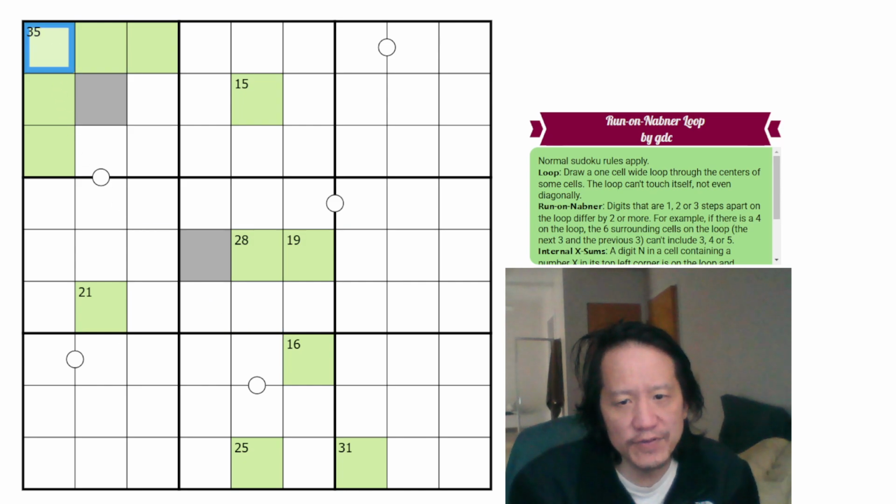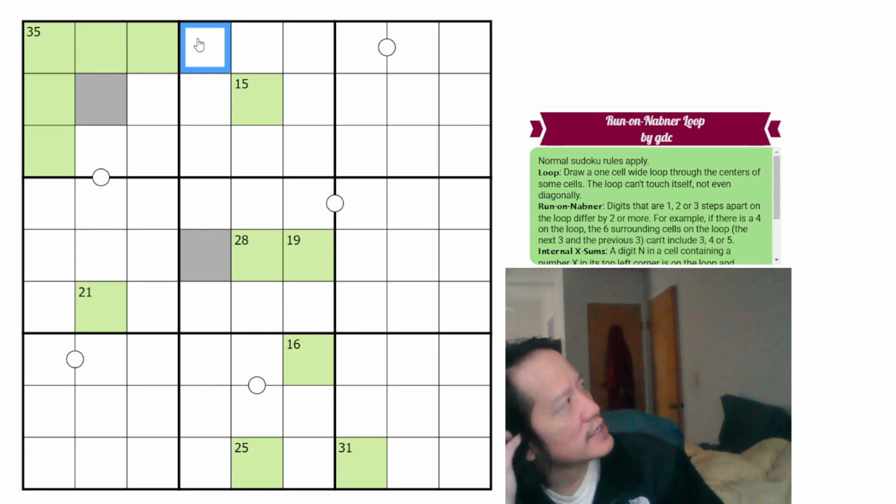So again, this can't be 5. Can it be 6 is the question. Maybe you can't have 7 or 8 with it. So you could have 6, 9. You could have repeats too here, right? So it could be like 9 and 9 here.